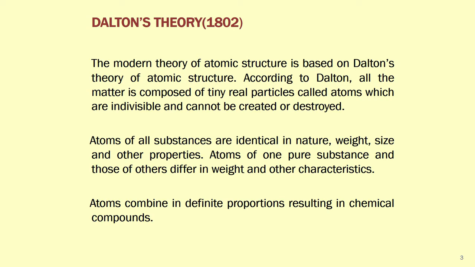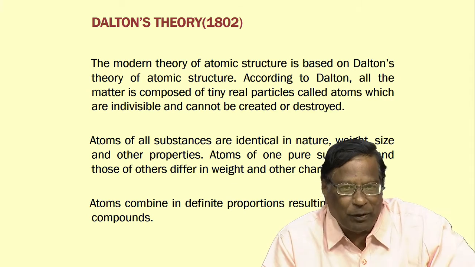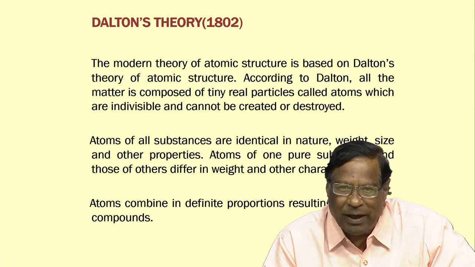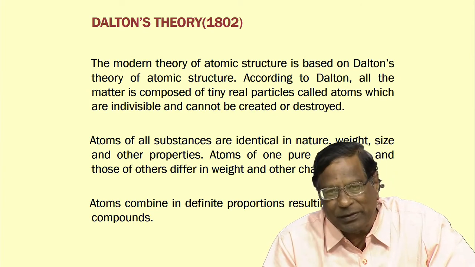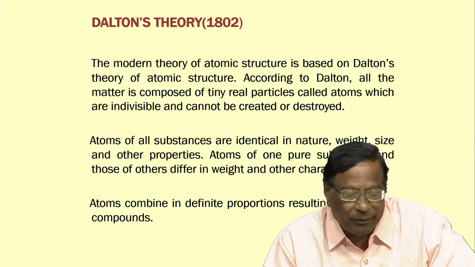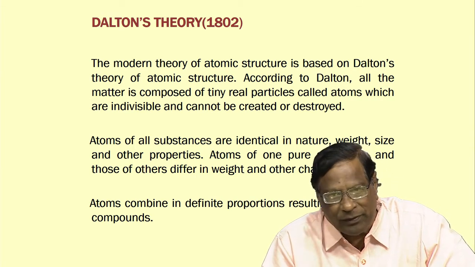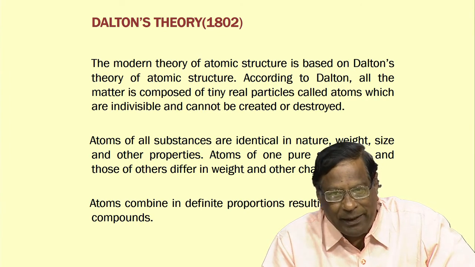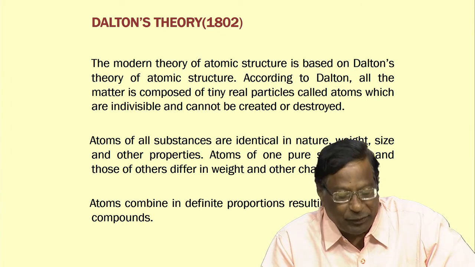That is, carbon will combine with 2 atoms of oxygen to give you carbon dioxide, or it can combine with 1 atom of oxygen to give you carbon monoxide. An oxygen atom can combine with another oxygen atom to give you an oxygen molecule. Like that, different compounds, as we know all around us, are composed of atoms combining in definite proportions.